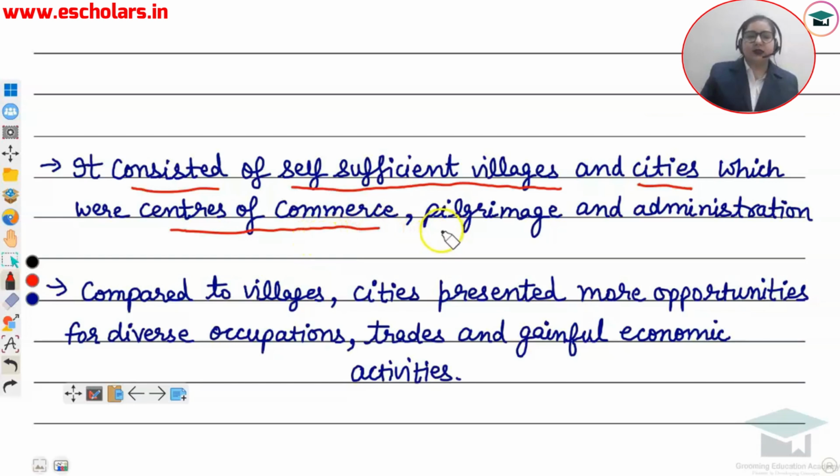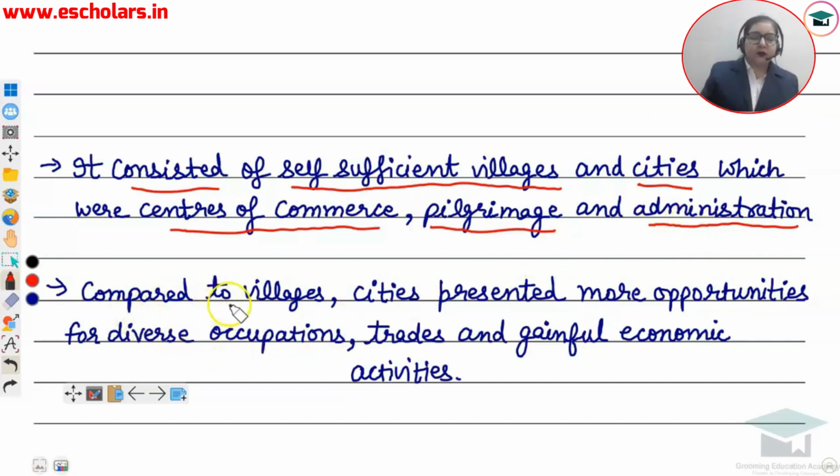The cities were the centers of pilgrimage also, that is the cities included religious places also. And also the cities were the centers of administration, that is the cities included the government organizations which administered the entire country.